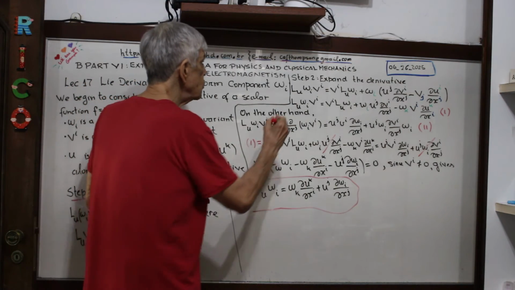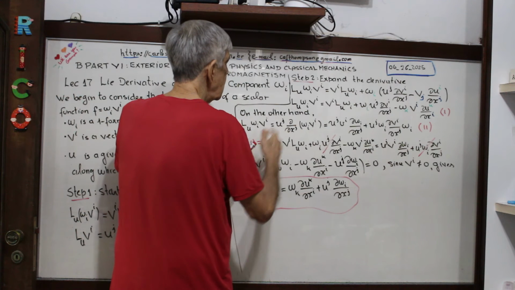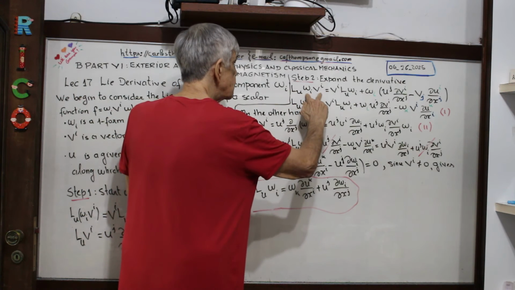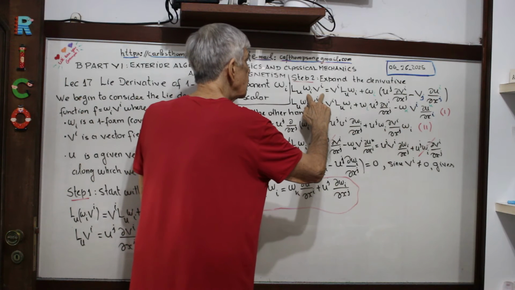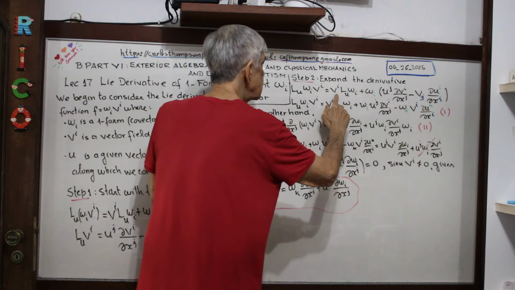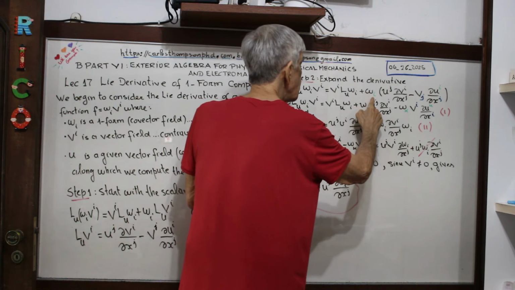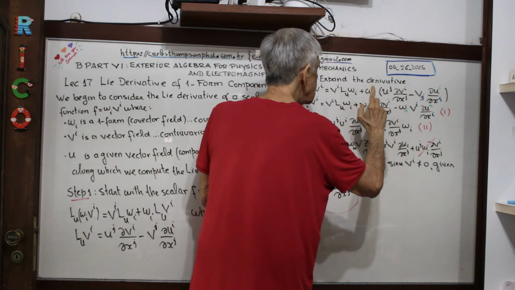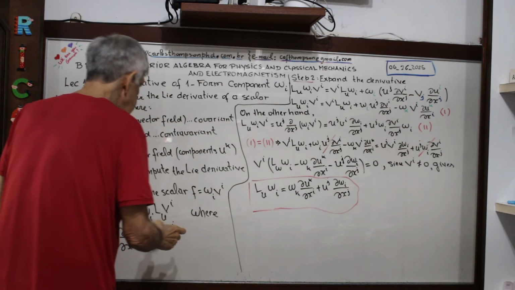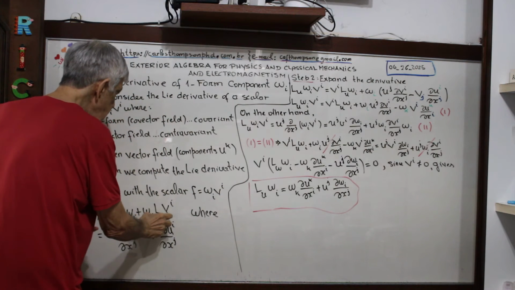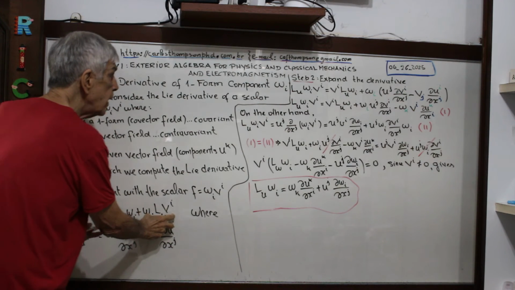Here is step 2. Expand the derivative. The derivative of u, this is attention, this is a function, this is a scalar. You expand, this is v^i, the derivative of omega_i. Attention now, you see over here, in this case, you have L_u of v^i.